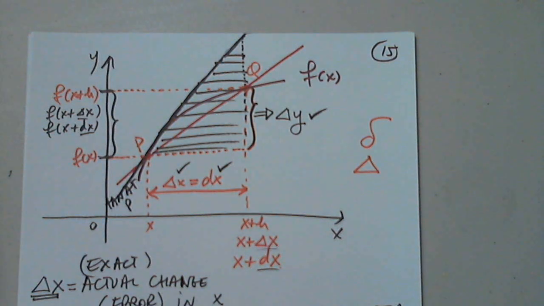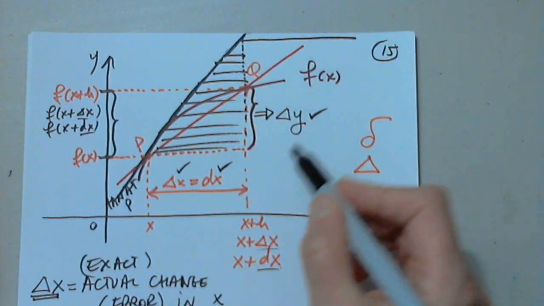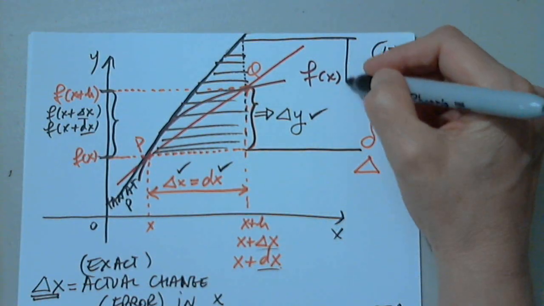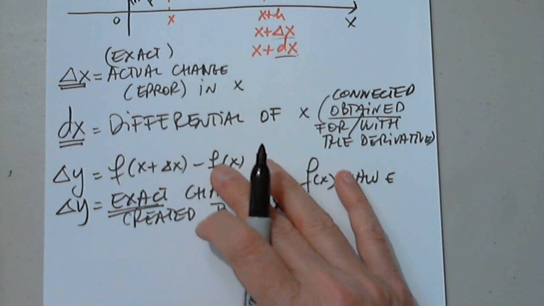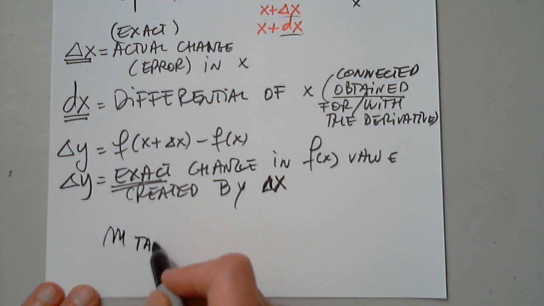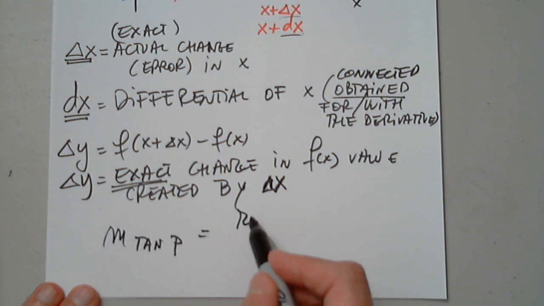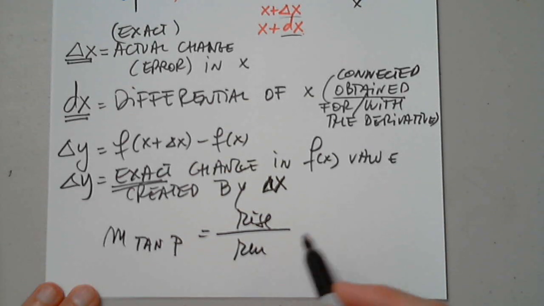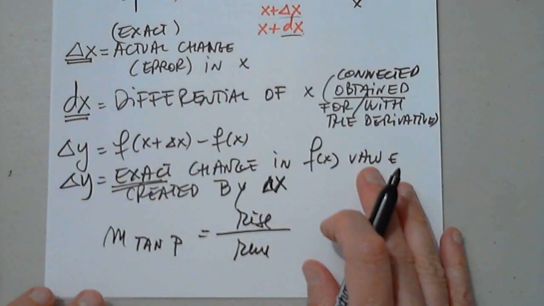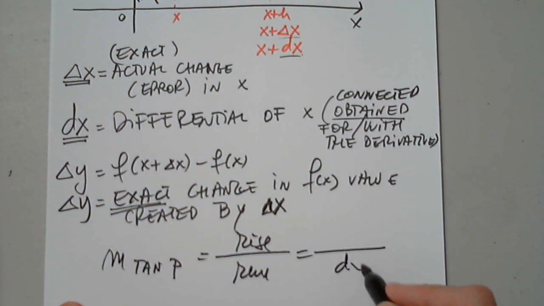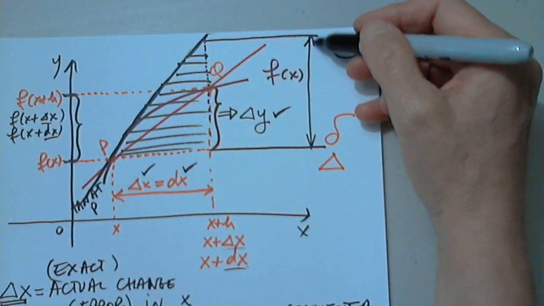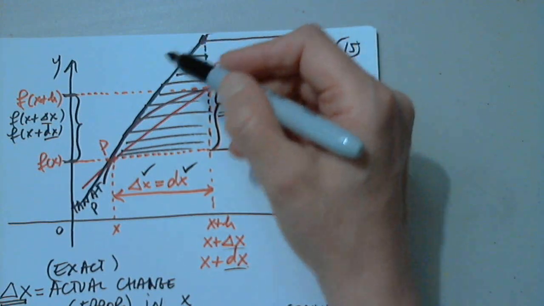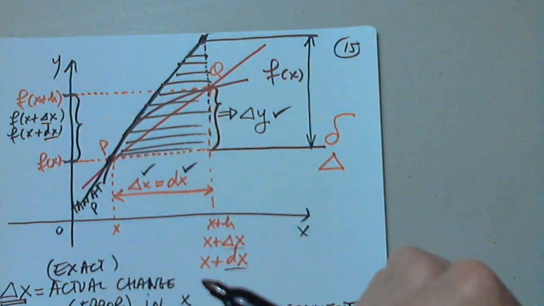Rise over run. So the slope of the tangent at P is rise over run. I know what the run is. The run is dx. But I want to determine the rise between this point and this point.